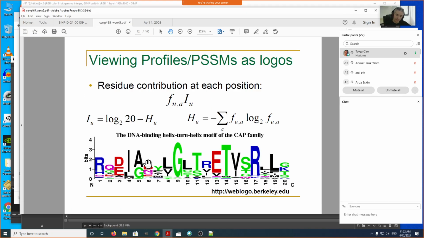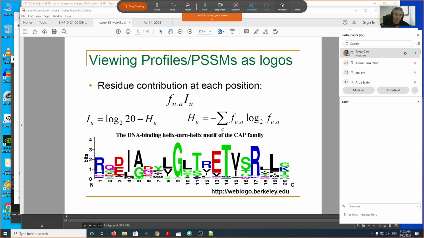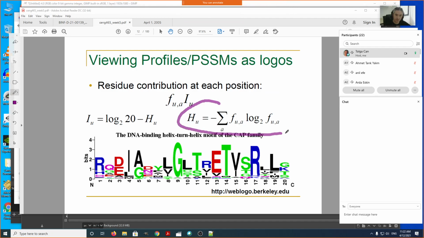And these weights, as you can see, the size of a font is computed by what I told you before, entropy. This is the entropy formula: minus probability, frequency, times the log of that probability. This gives us an entropy, and we use it as a negative weight, because the smaller the entropy, the more conserved that column is.